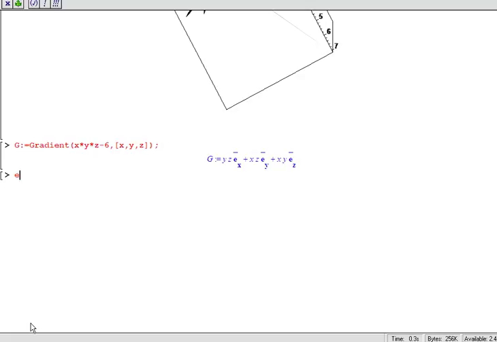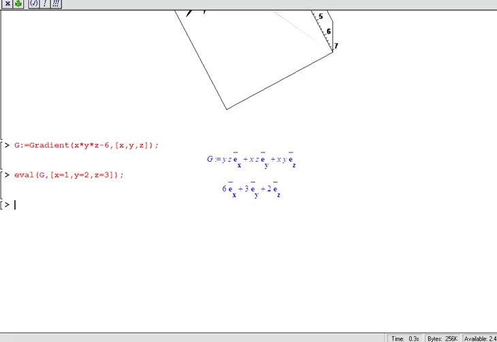If we want to plug in our point, we just eval g, that's why I defined it as g, at x equal 1. Our point was 1, 2, 3. And we get 6, 3, 2.